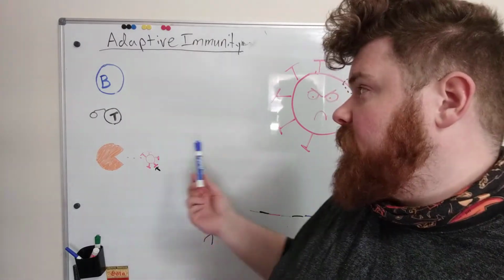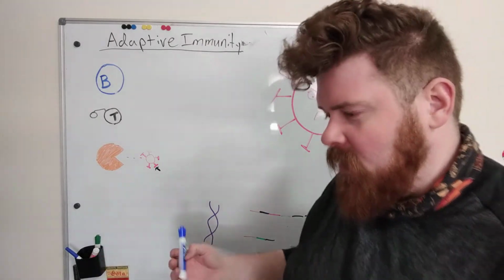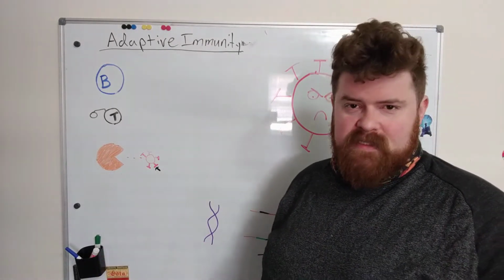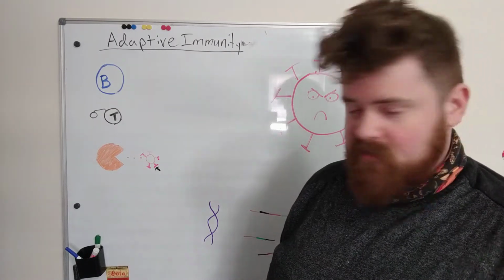So I want to just go over a few concepts and use the whiteboard so that we can really nail down what these things mean and what exactly COVID-19 does to your immune system.